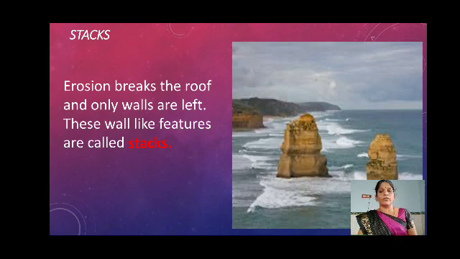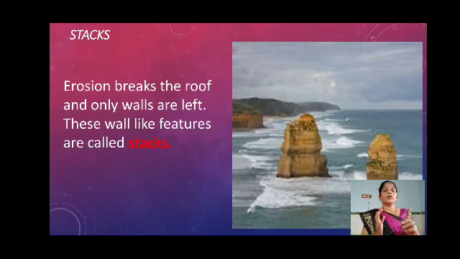Erosion breaks the roof and only walls are left. These wall-like features are called stacks. Now because of the sea waves, the exogenic force, what changes happen on the rock surface? Sea caves, sea arches and stacks.